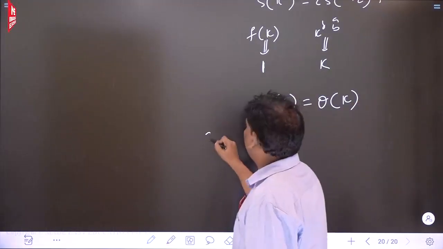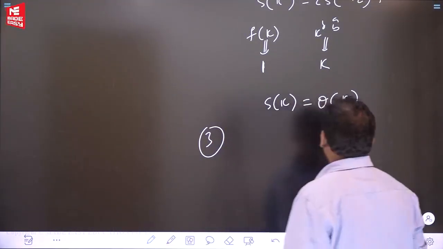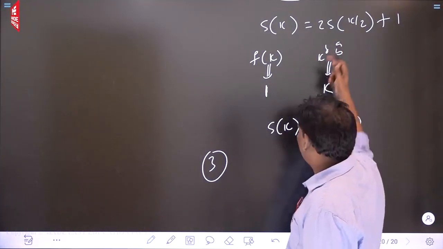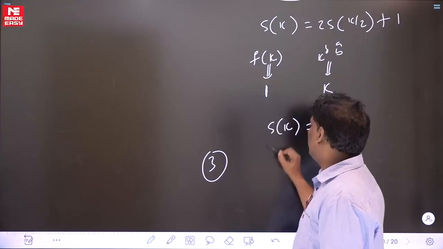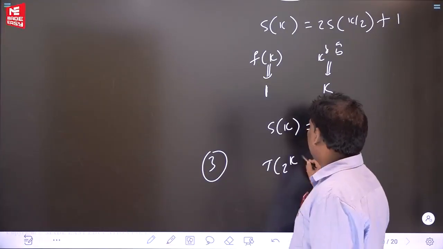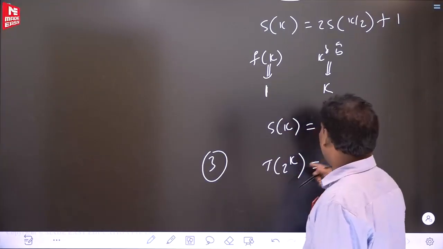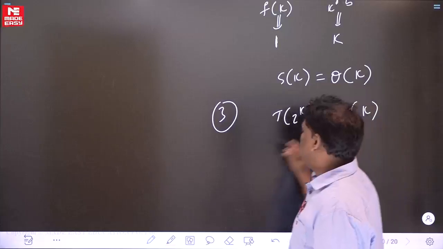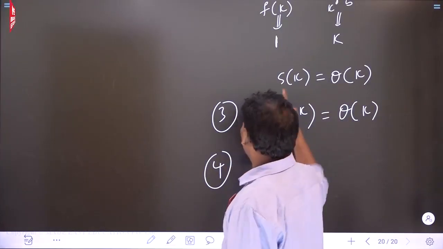Can you see the third step? The third step is to replace: previously you replaced T by S, now replace S by T. This will become T of 2 power k. See this one, S was there, T came, here there is no S, theta of k. That is the third step. Fourth step: n is equal to 2 power k, the first step.